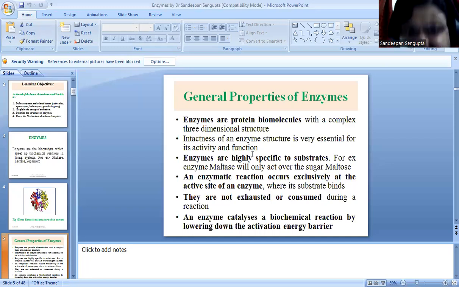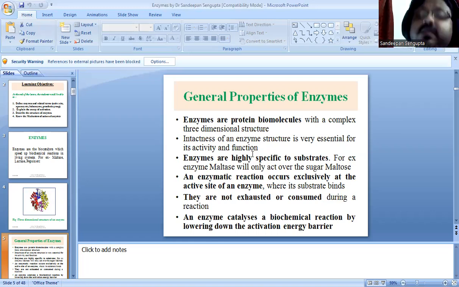Intactness of an enzyme structure is very essential for its activity and function, same as that of a protein. An enzyme must have its structure intact to stay active. If the enzyme gets denatured or is dissociated into its subunits or loses its structure, it will lose its function.